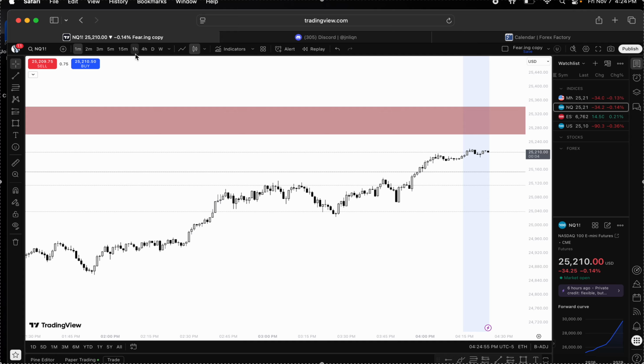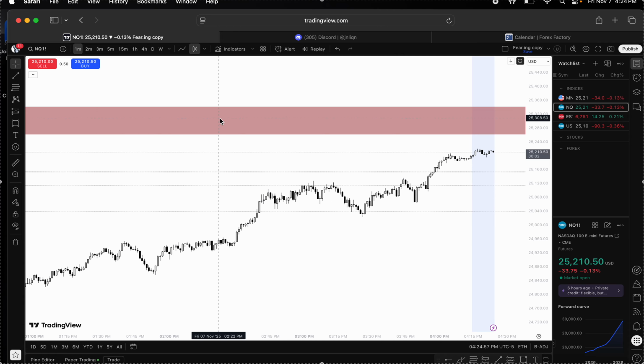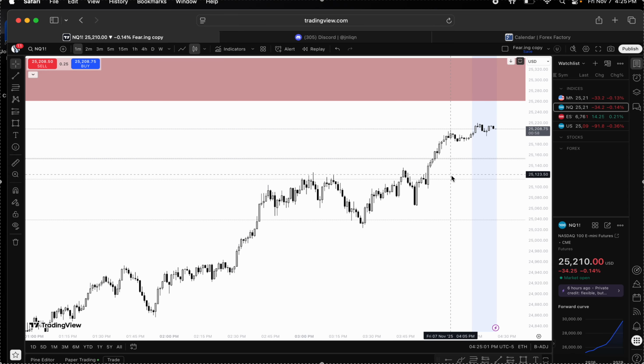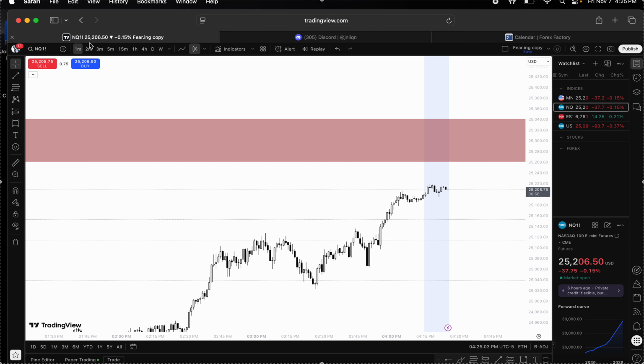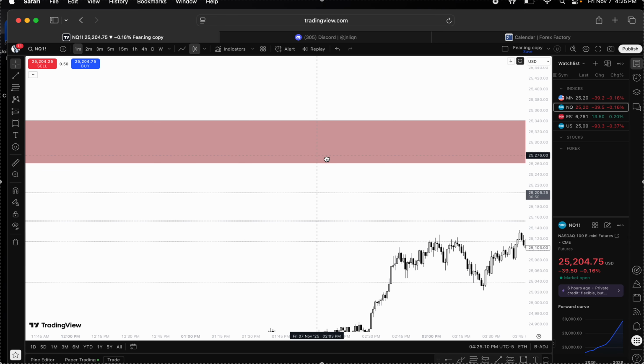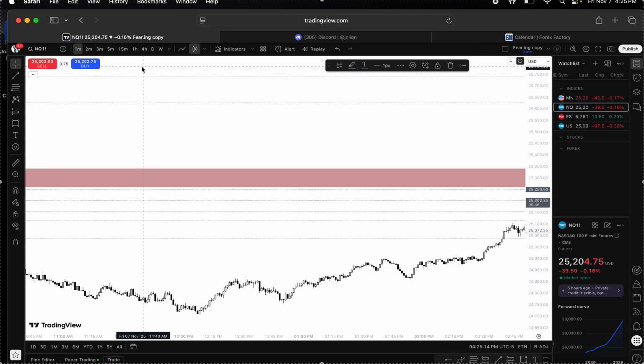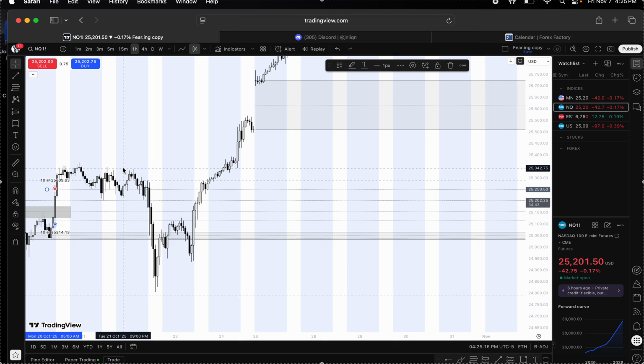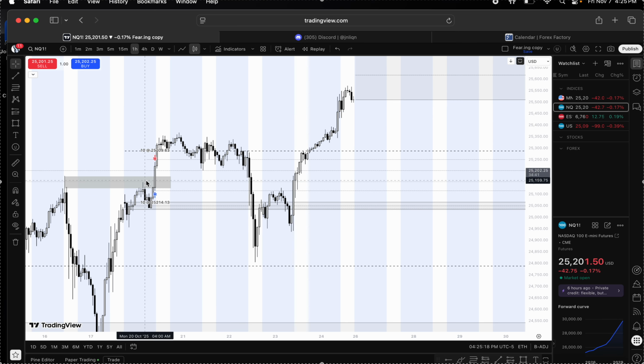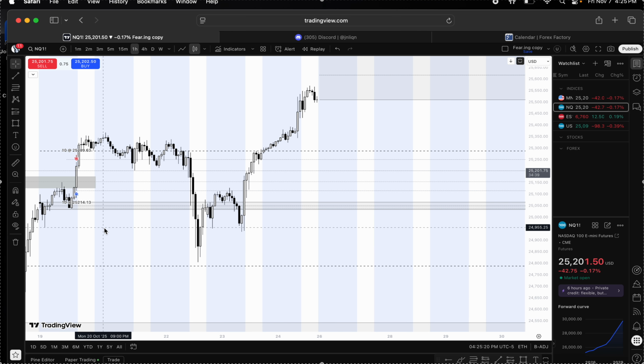That could also work, or you can just wait and see if it retests on the 1 minute. For example, I'm gonna go to a trade that I took, right here, 1 hour. My idea right here.